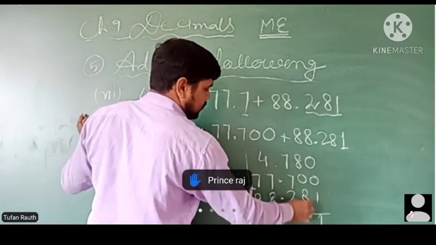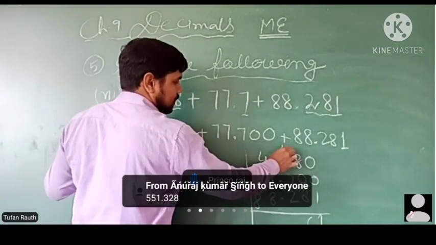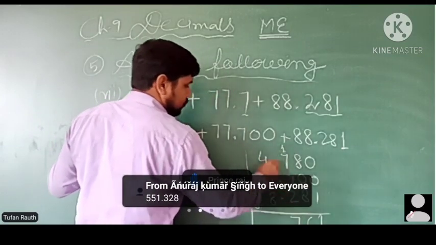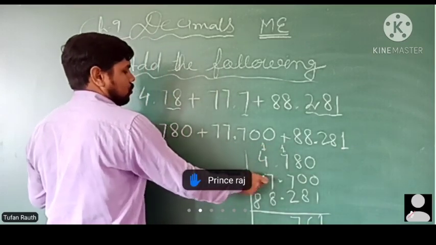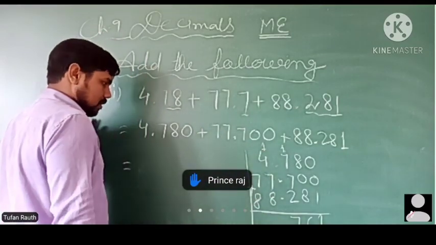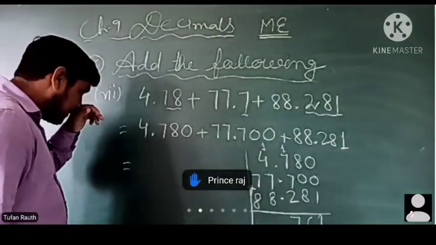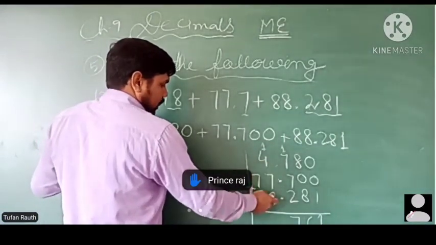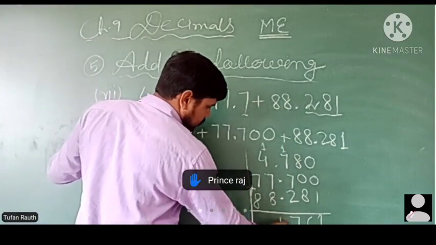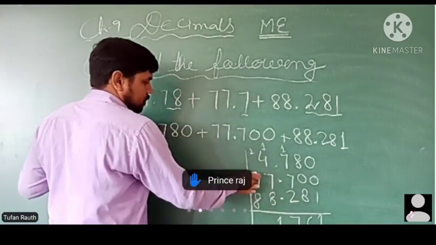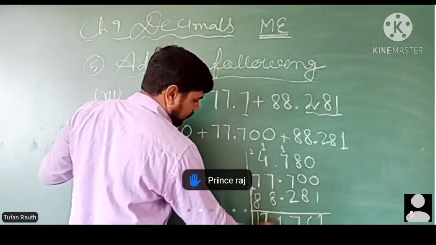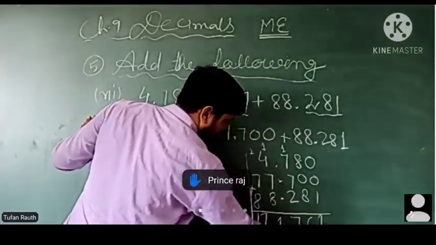Then 8 plus 8 is 16, so 6, 1 carry. 7 plus 1 is 8, plus 7 is 15... so 7, 1 carry. 4 plus 1 is 5, 5 plus 7 is 12... 13 plus 8 is 21. 1, 2 carry. So 7 plus 2 is 9, 9 plus 8 is 17. So 17, and the decimal goes before 3 digits.